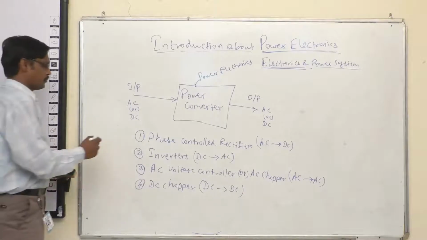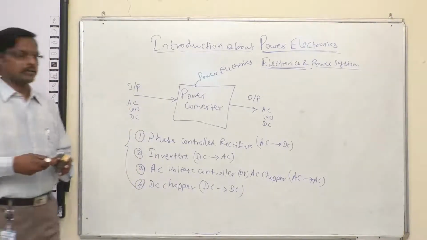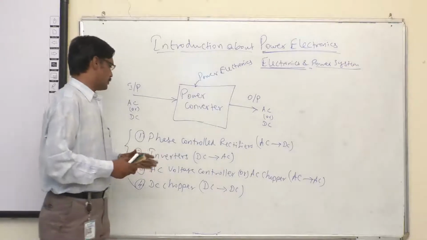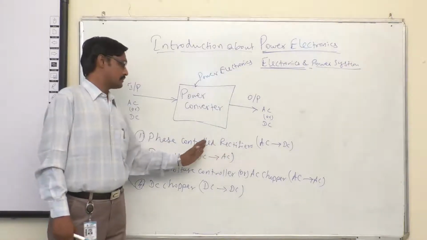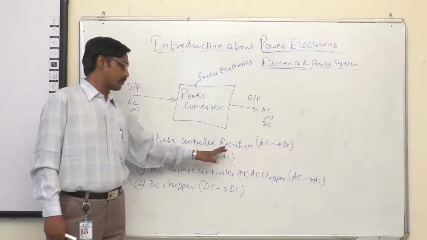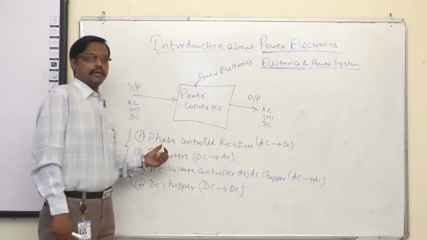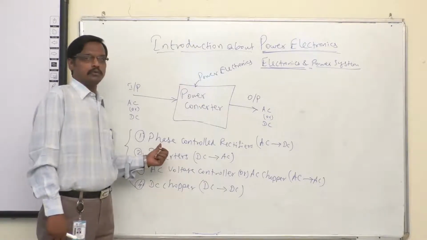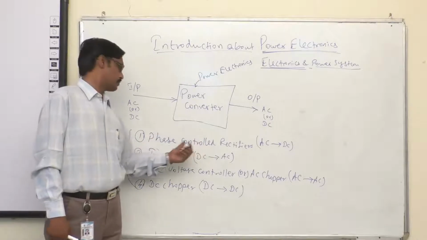So these are the four types of power converters we have in power electronics. The first one is the phase controlled rectifier. It is similar to the diode rectifier. The only major difference is that in a diode rectifier we cannot control the output voltage. Based on the input voltage, you get some fixed output voltage.